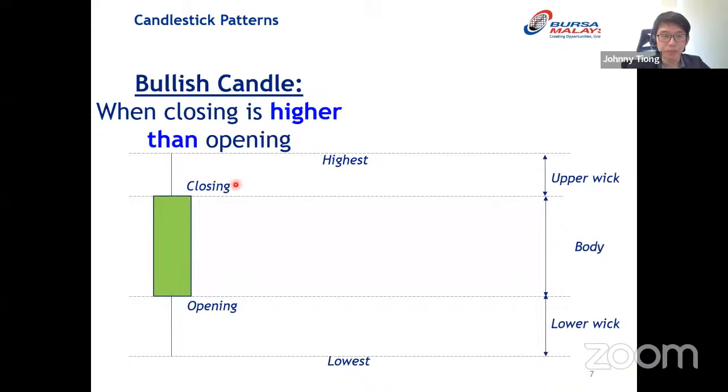From this one candle, we can know a lot of information: the lowest point, the opening price, the closing price, and also the highest point. Normally in a chart, the bullish candle is in green or in white color, in Malaysia.